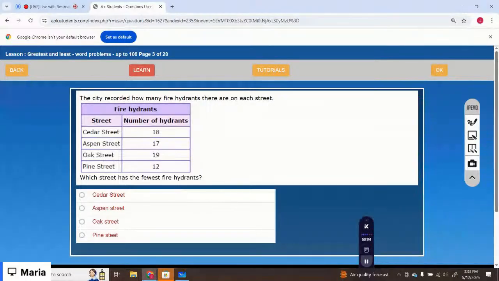The city recorded how many fire hydrants there are on each street. Which street has the fewest fire hydrants? So which is the correct option?